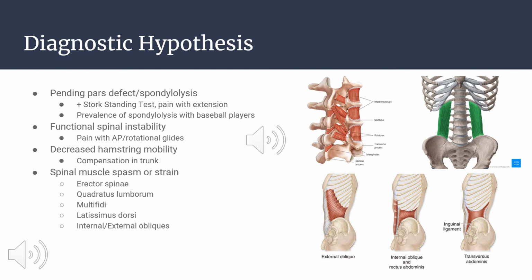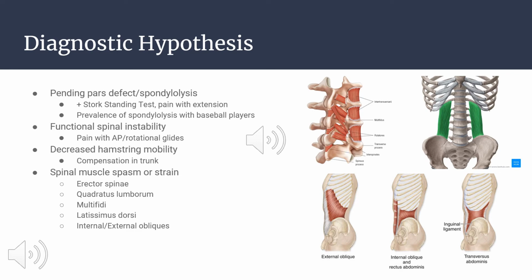On the next bullet point, you have functional spinal instability, which I can see why he would demonstrate that, as he was tender to palpation with AP glides and rotations, as well as he demonstrated just poor mobility. And also he had decreased hamstring mobility, demonstrated by those measurements in the chart before.